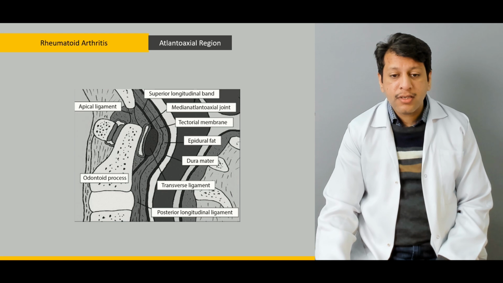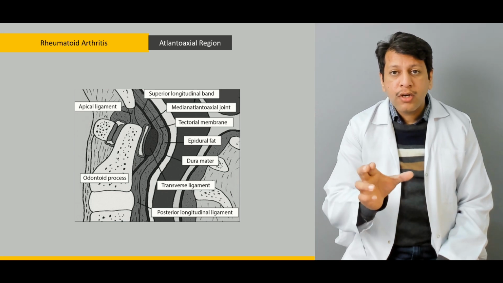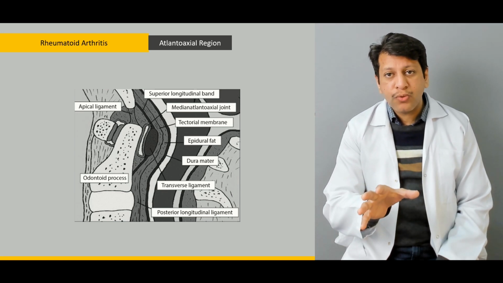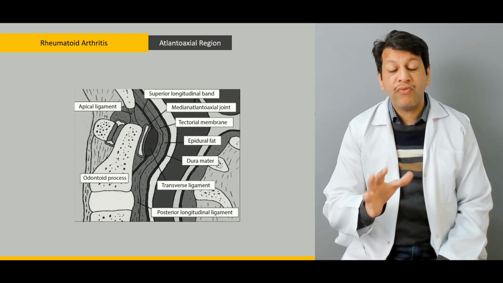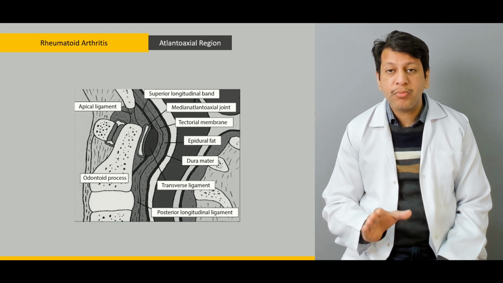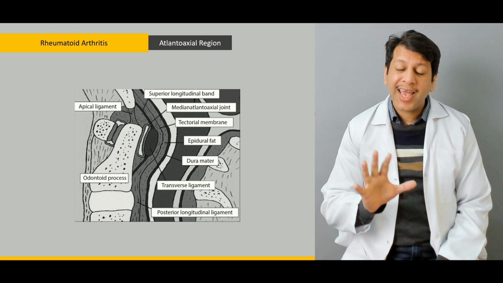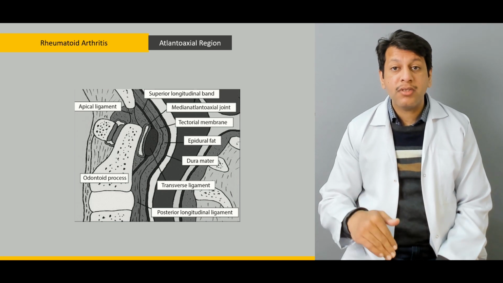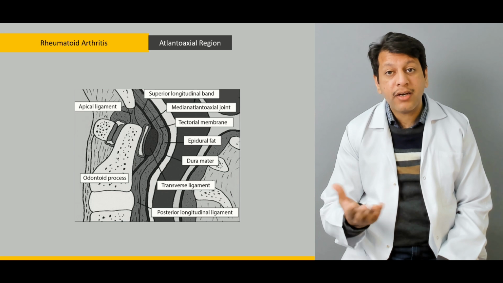Due to involvement of the bone, there are bony erosions and bone weakening, leading to periarticular osteopenia and erosions. This puts extra stress on the ligaments, and sometimes the ligaments also get inflamed and rupture.